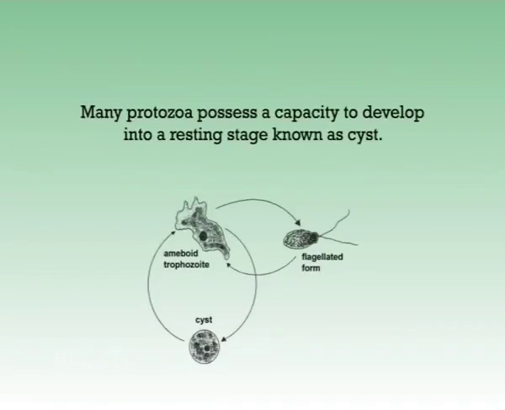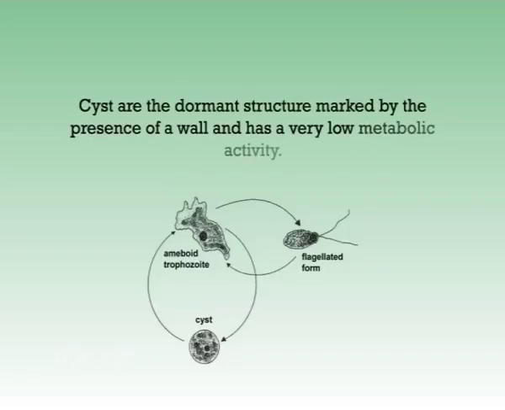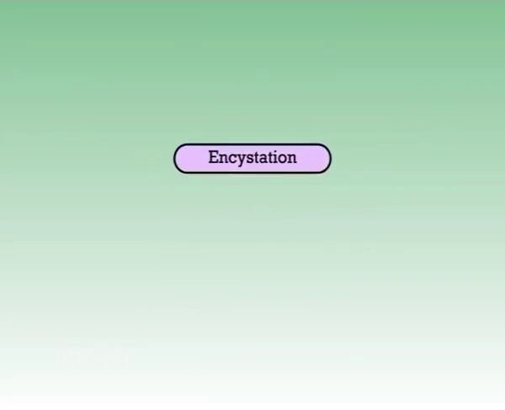Many of the protozoa possess a capacity to develop into a resting stage that we call a cyst. Cysts are dormant structures marked by the presence of a valve and have very low metabolic activity. Under this, there are two very interesting terms, that is encystation and excystation.